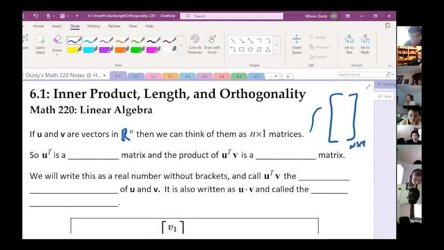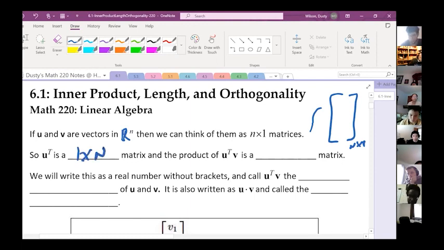Thank you, Dibs, for that. What are the dimensions of the U transpose? I got 1 by n from Gerald and Megumi and Ben and others.